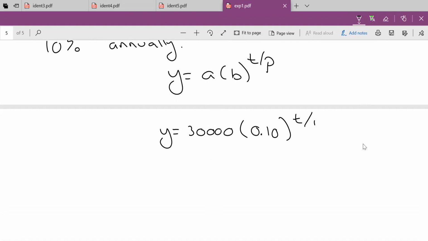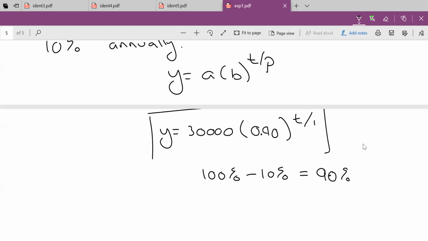Think of it again like this. I start with 100%. What happens? At the end of the year, I lose 10%. What remains? 90%. What's that as a decimal? 0.90. There's your function. There it is.